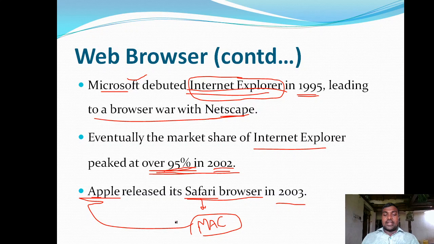Apple has its own operating system, Mac, and in that Mac they provided this Safari browser. As the Mac operating system did not become very popular, the Safari browser was not as popular as Internet Explorer.